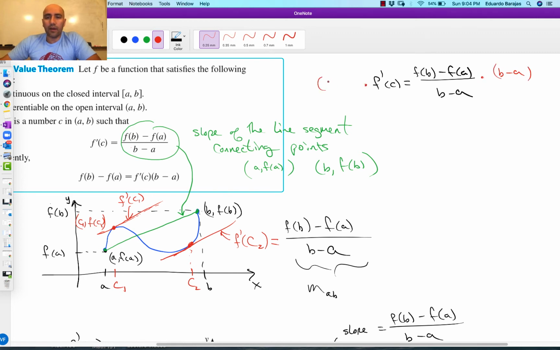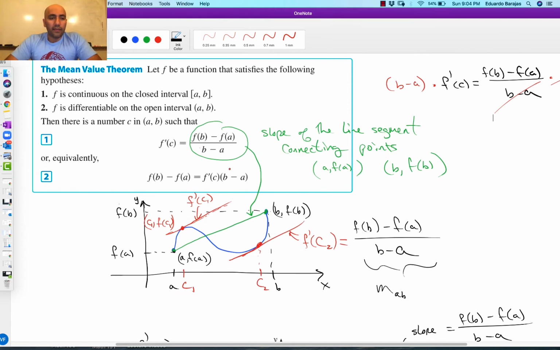So we end up with f of b minus f of a equal to the product of f prime of c times b minus a, right? They just kind of flipped it around, and that's how we get this term right here.